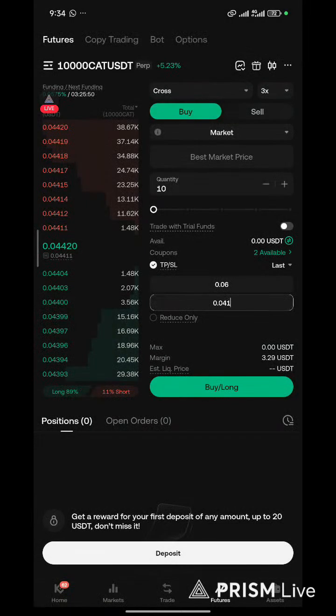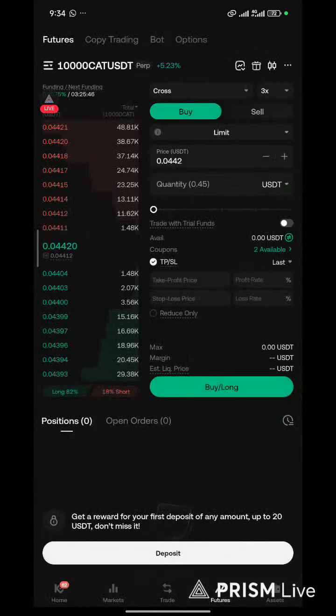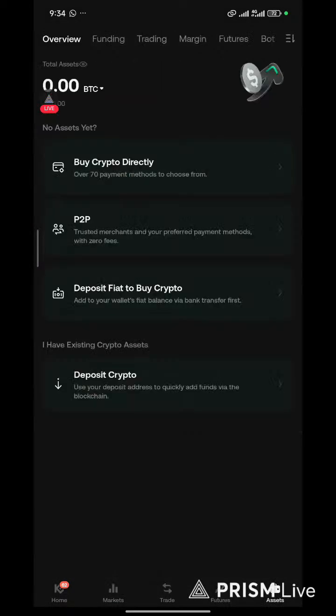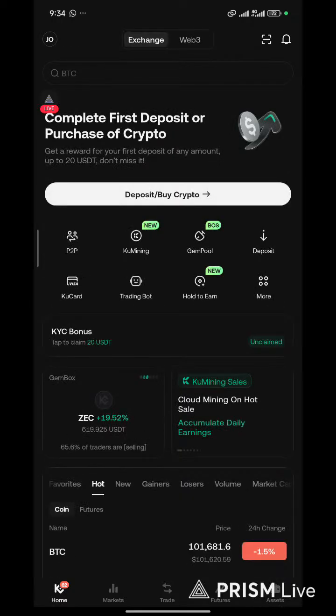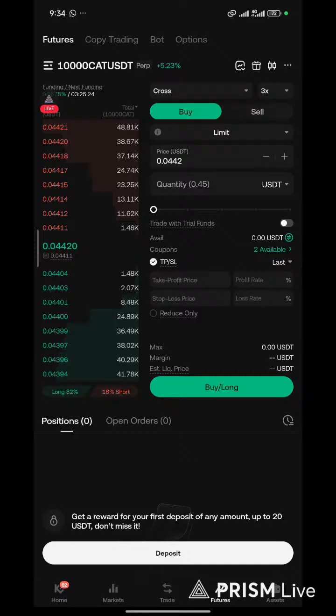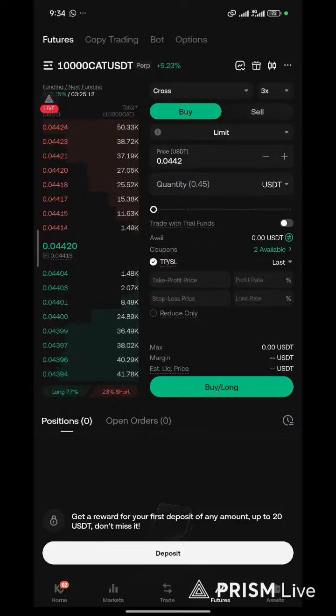So that is just it. But I want to enter at market price. I want to leave it at limit. So that is how you set it.